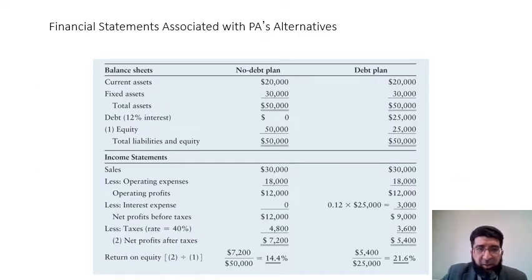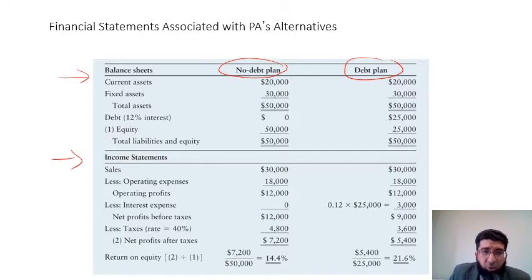Now, if you look at the financial statement, we have current assets, we have a no debt plan, and we have a debt plan, with debt and without debt. Now, we look at the impact on both balance sheet and income statement. In the balance sheet, the current assets of 20,000 are the same, fixed assets are the same, total assets are the same.